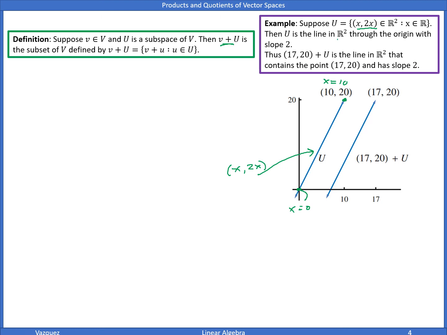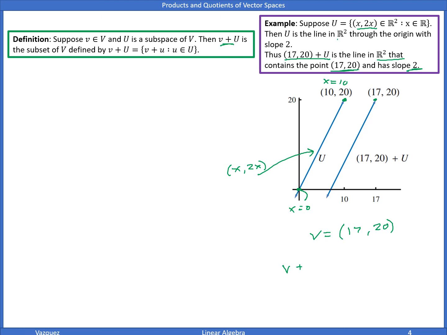Now, v here will be (17, 20). So (17, 20) plus U is a line in R2 that contains the point (17, 20) and has slope 2.